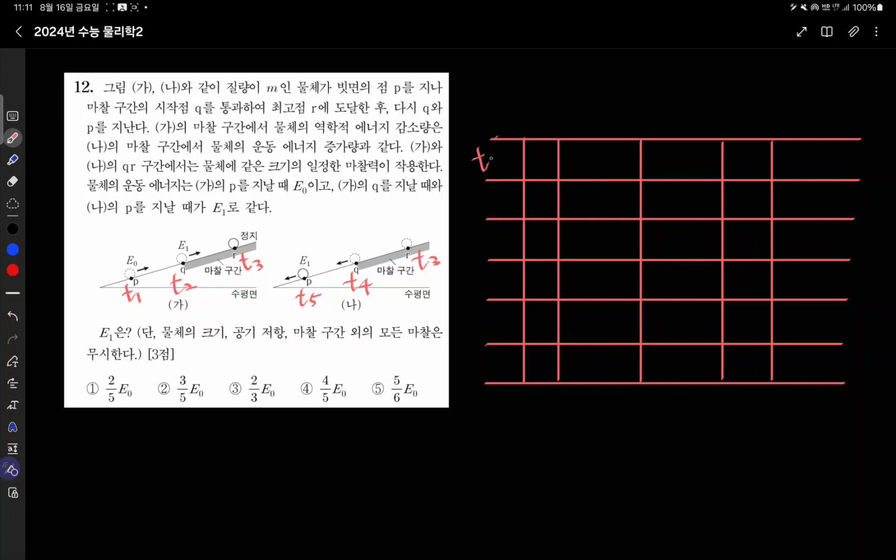The times are 1, 2, 3, 4, 5, and the positions are P, Q, R, and Q, P.